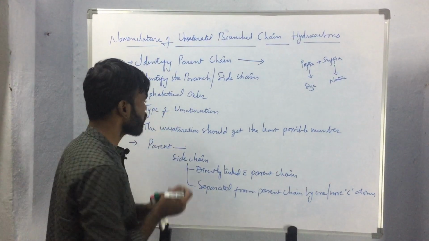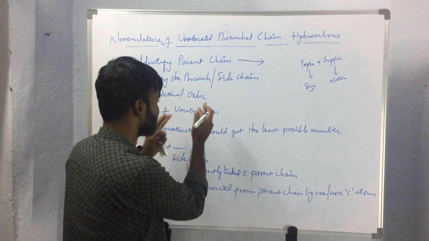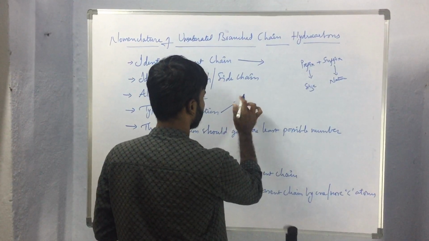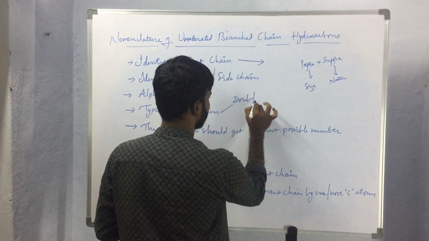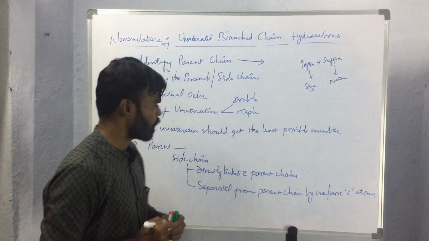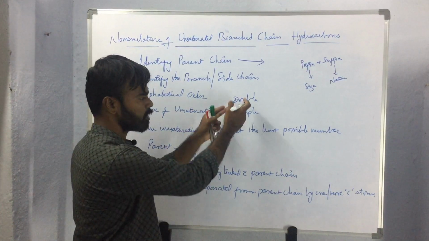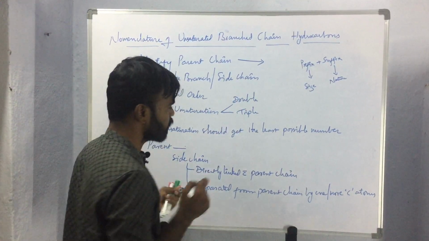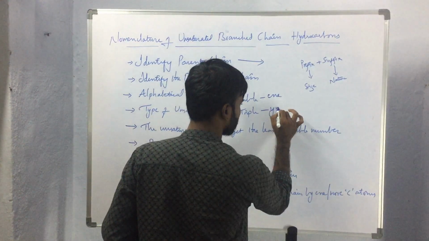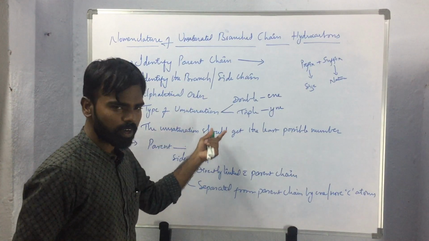Then we have to check the type of unsaturation, whether it is a double bond or triple bond, because if it is a double bond, the suffix "ene" will be used. If it is a triple bond, the suffix "yne" will be used. So for that, we have to check the type of unsaturation.